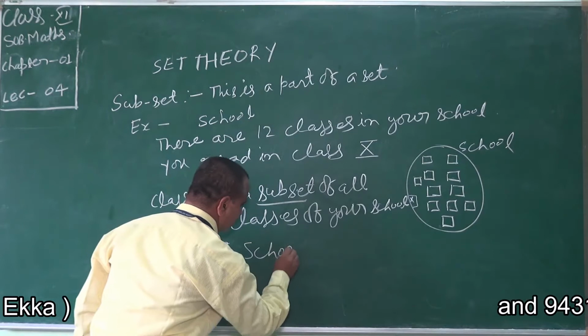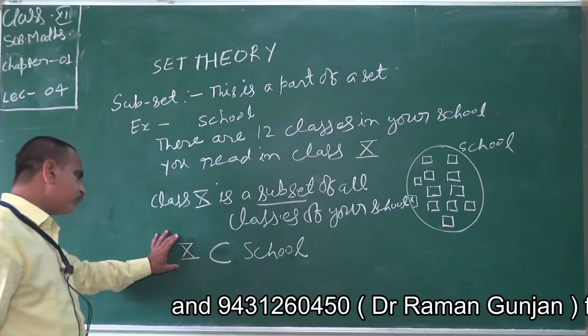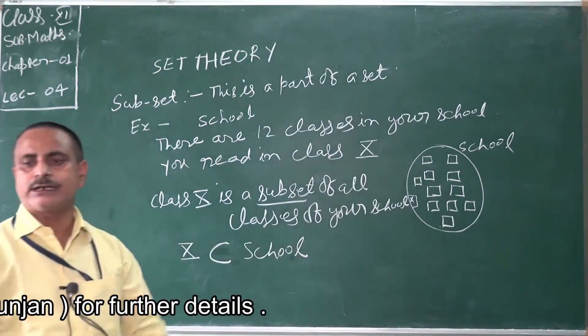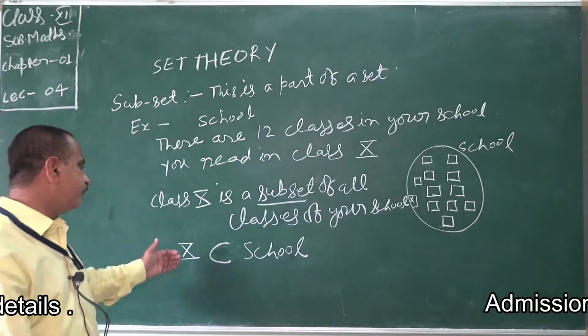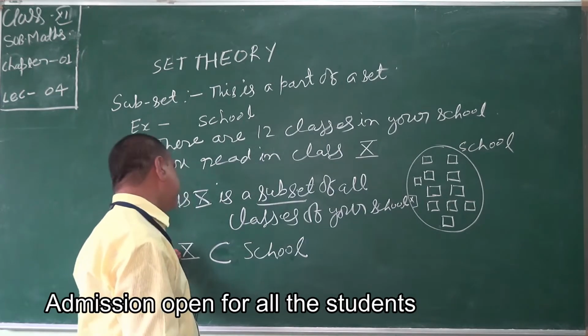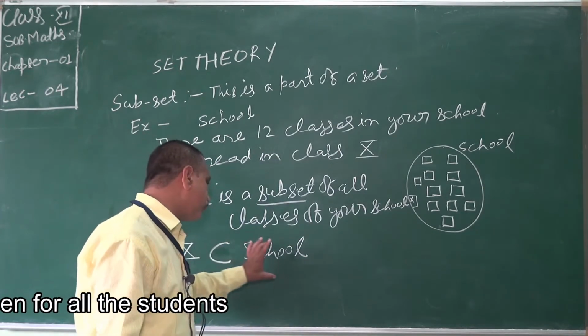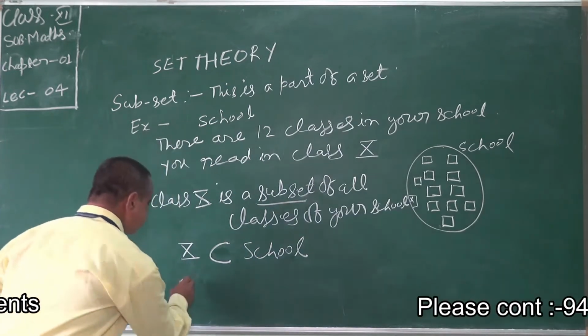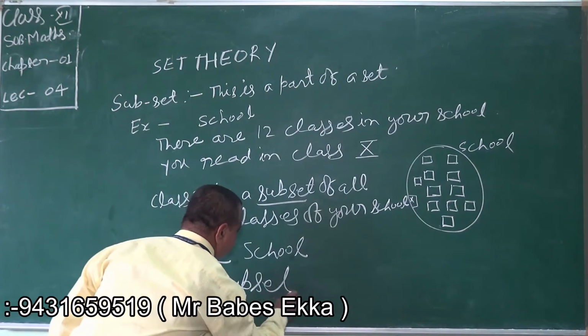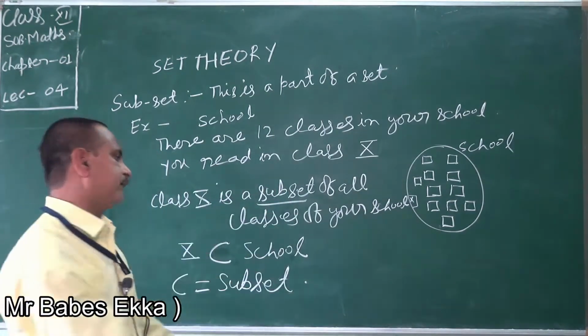Where does your class belong? Your class belongs to the school, and the school contains 12 classes, and you read in class 10. So we write class 10 is a subset of your school. This is the symbol of subset. Subset means a part of a set.